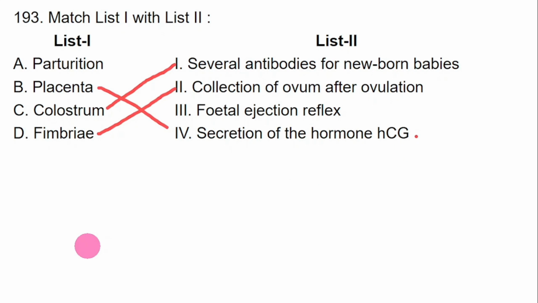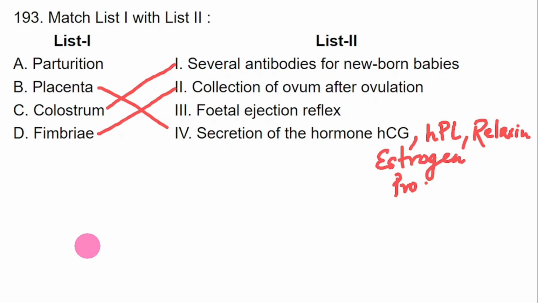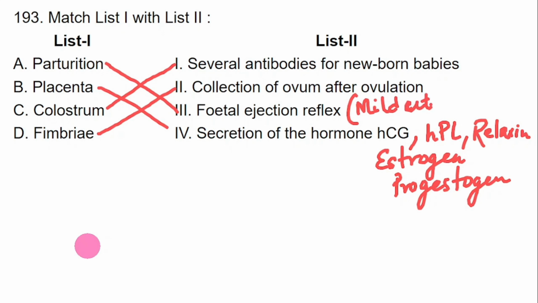So in addition to HCG, it produces HPL, relaxin, estrogen and progestogens. And last one is parturition, which is initiated by the fetal ejection reflex. And what are these? These are mild contractions of the uterus, mild uterine contractions.